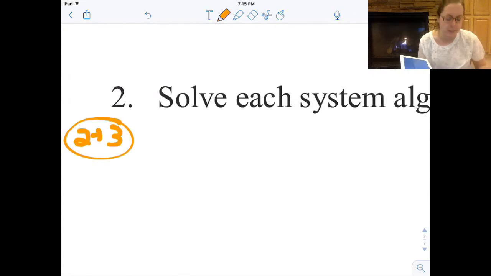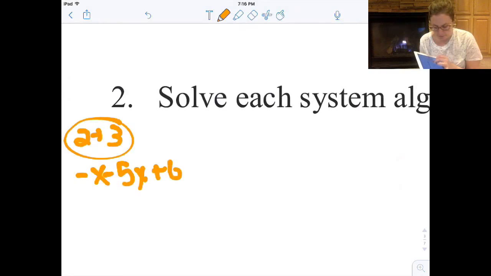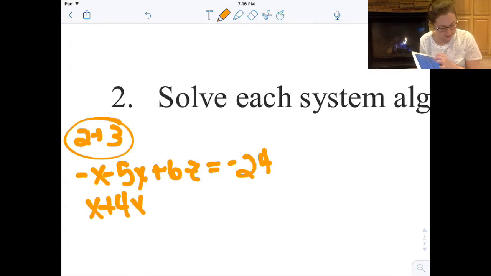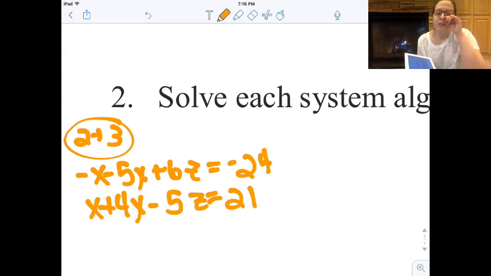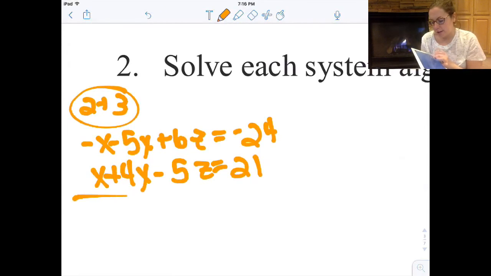And I'm going to multiply 3 by -1. So that will make my x's eliminate. And it doesn't matter which variable you eliminate first. Just remember, whatever you eliminate first, you have to eliminate again in your next step. So your x's eliminate here, so this gives you -y plus 1z equals -3.